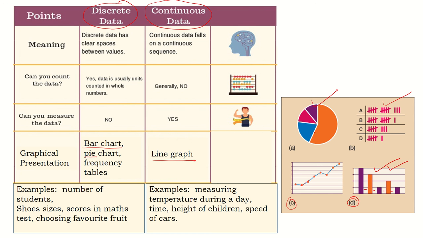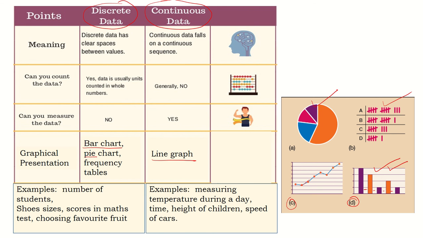Now, graphical presentation: for discrete data, we use bar charts, pie charts, and frequency tables, because it has limited numbers, a limited amount of information, and it can be represented like this. But in case of continuous data, we use a line graph. For example, temperature is never ending. The change of temperature will keep on going unless and until we want to stop it.